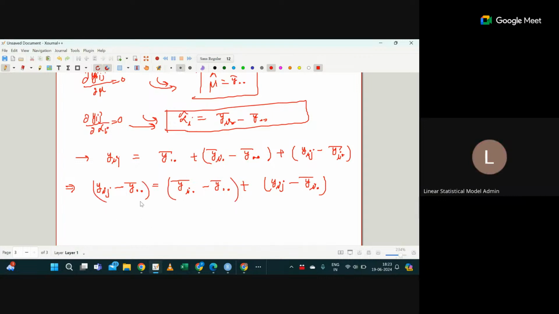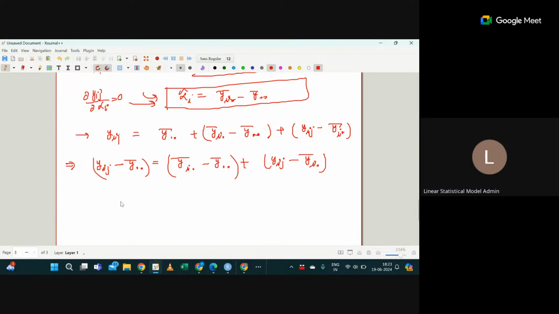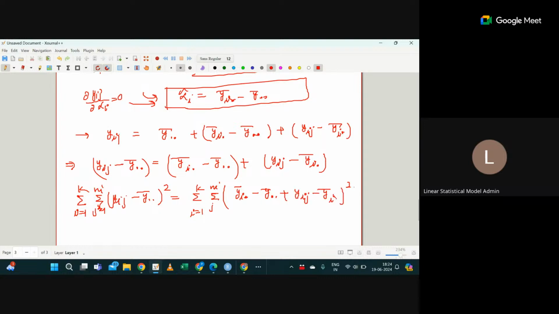Now correct me: can I do this addition for all i and for all j, and take the square, the same thing for both sides? It becomes the sum of (y bar i dot minus y bar double dot plus y_ij minus y bar i dot) whole square.